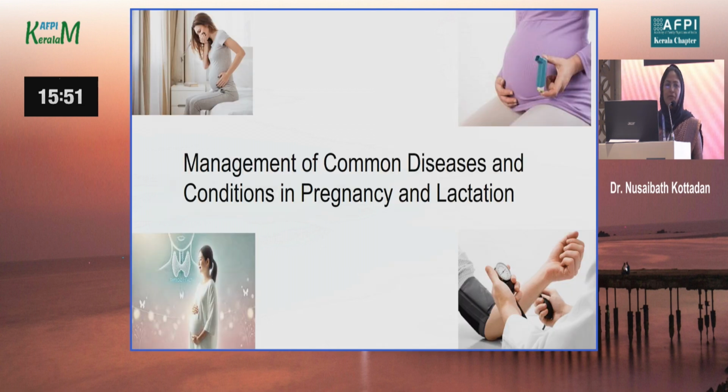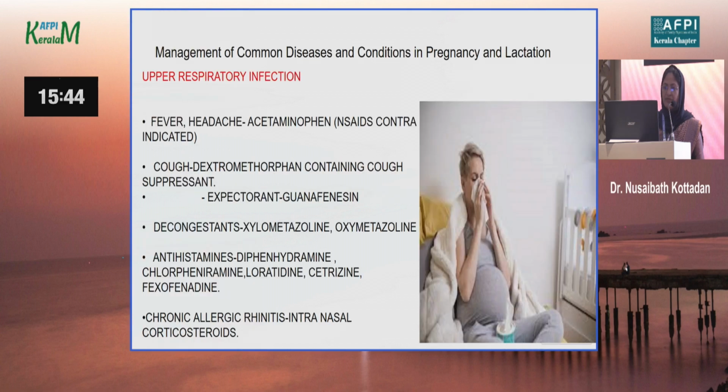And now we are moving on to management of common diseases and conditions in pregnancy and lactation. First of all, the most common, upper respiratory tract infection. Most of the time, antenatal women approach the family physician for their mild symptoms like upper respiratory infection, so we are the ones to treat them safely.